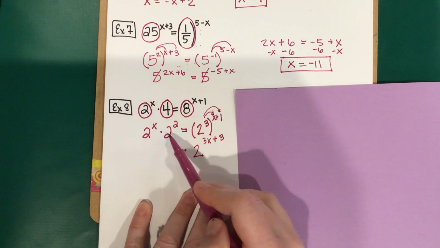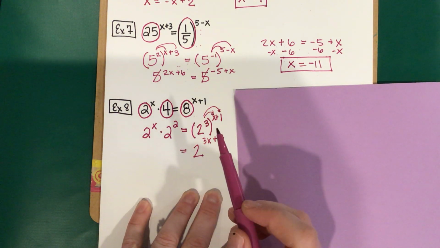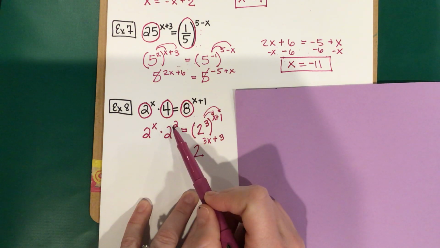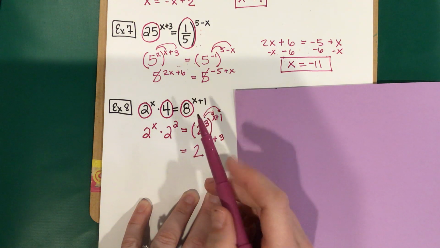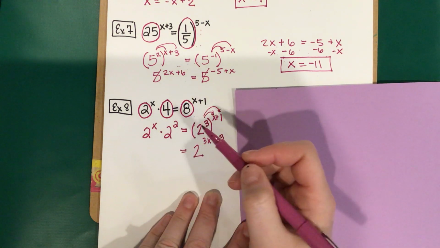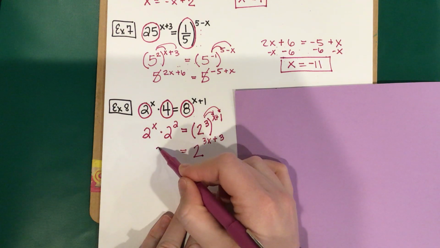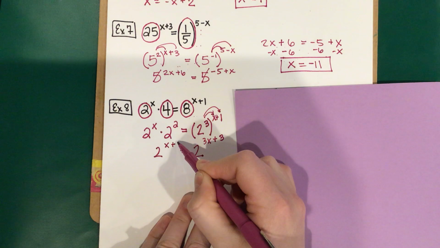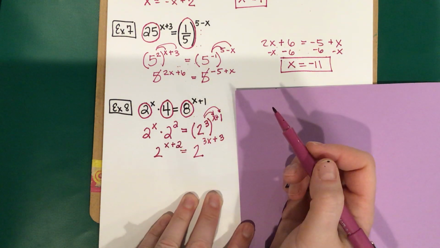But when I'm multiplying and I have the same base, what do we do with these exponents? I'm hoping you guys are saying you would add the exponents, because that would be correct. So I'm going to end up with 2 to the x plus 2.